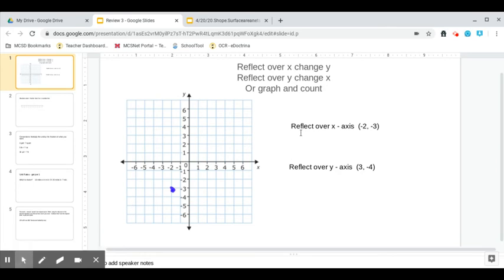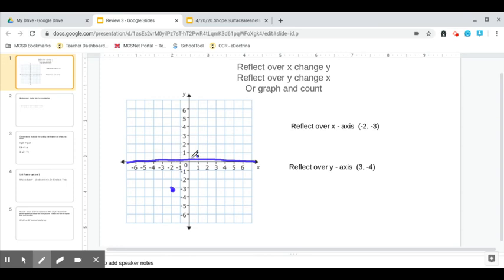So I want to reflect it over the x-axis. So the x-axis is right here. So we're going to reflect right over the x-axis. So right now I am below the x-axis, and I want to be above the x-axis because that's a reflection. I'm below it, reflect above it.